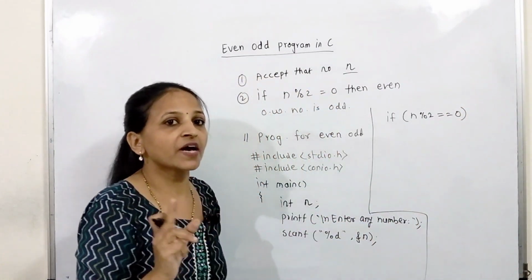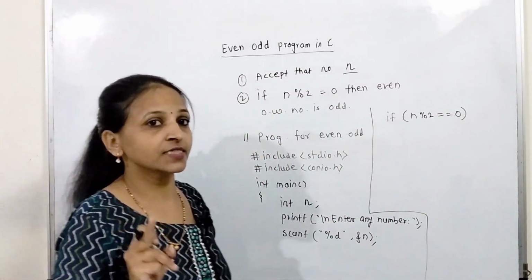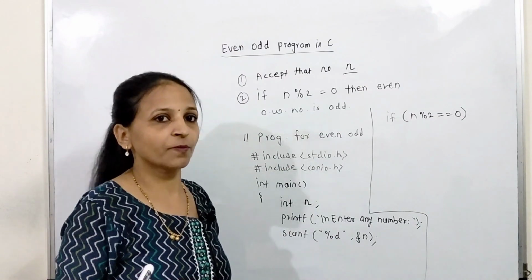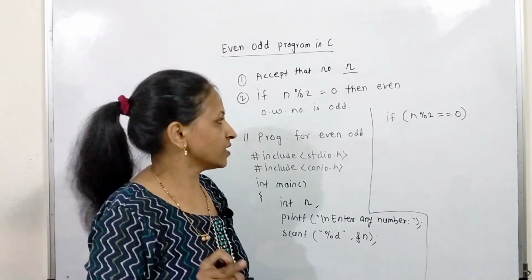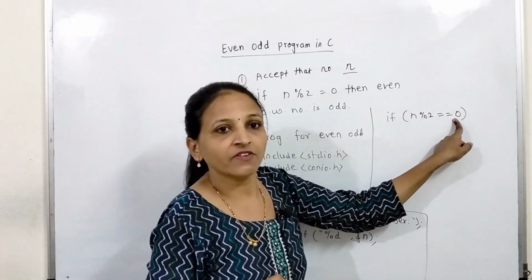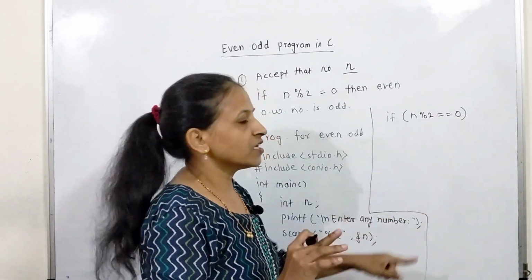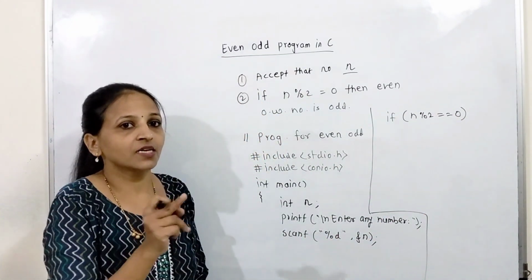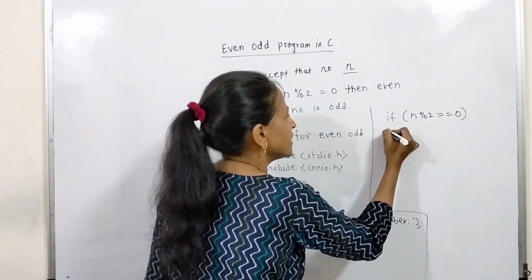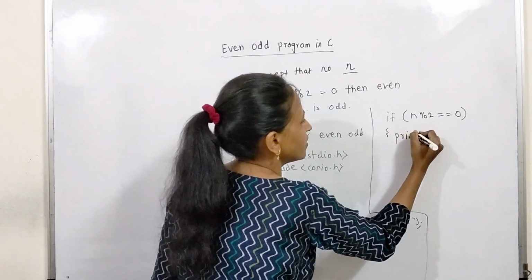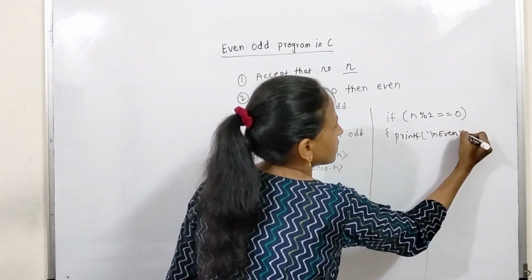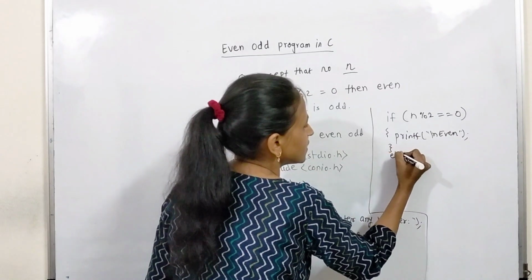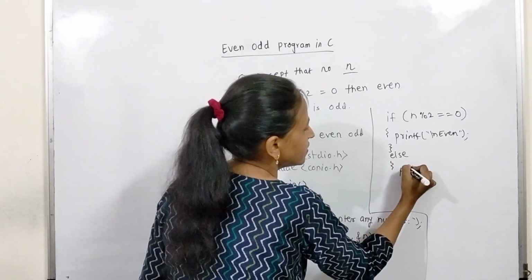Equal to is a comparison operator. Don't use a single equal to operator here, that is the assignment operator in programming. Now if n modulus 2 is equal to 0, we can say that definitely the number is an even number. Just display that message like printf even. That's it. Else printf odd.